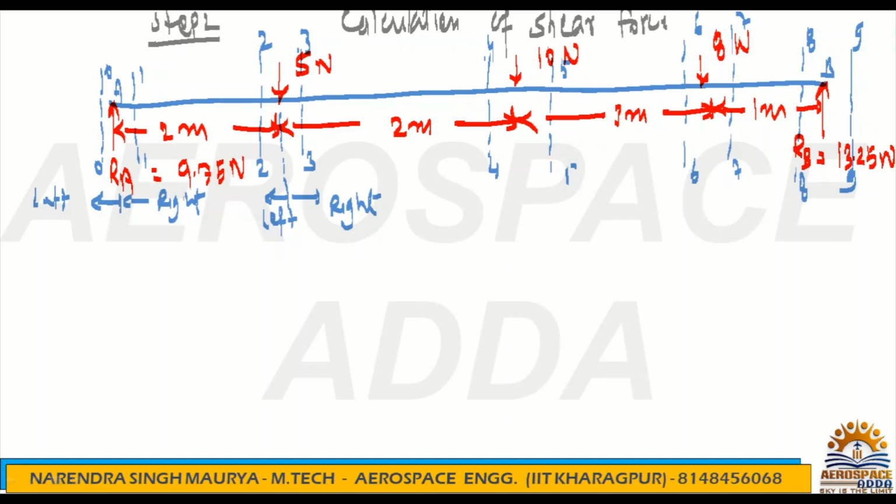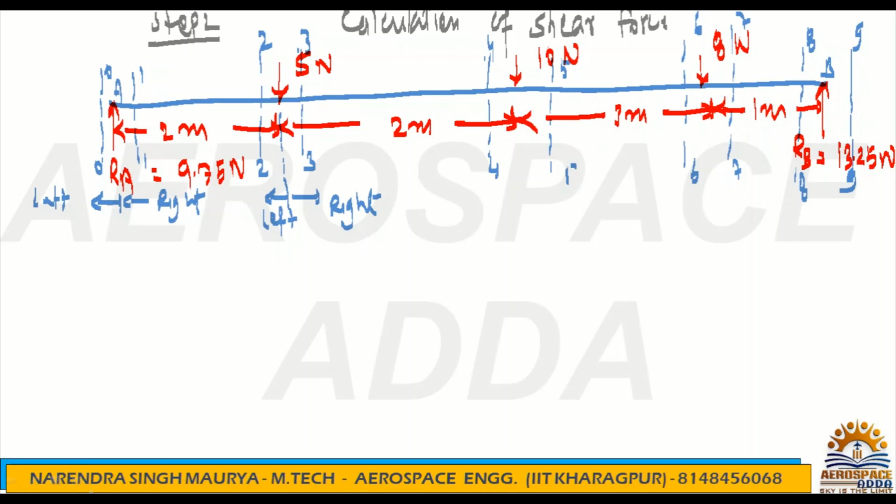So we are interested in this 10 Newton. We should know just behind, what is the force for 10 Newton, and just ahead of 10 Newton, what is the value of the force, that we have to check. Now I will solve, then you will understand.